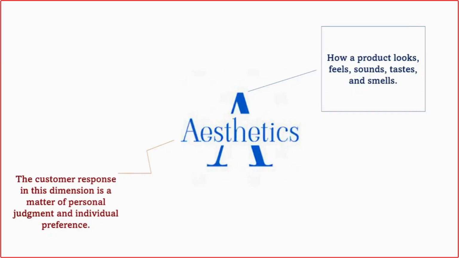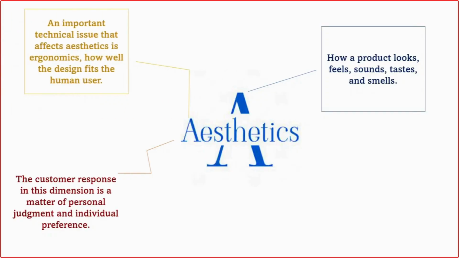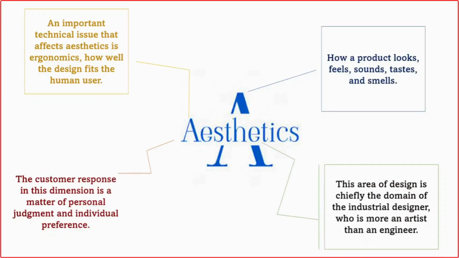and feel. Now come to the next point: an important technical issue that affects aesthetic is ergonomics, meaning how the particular product is designed to fit into your environment, right? That is the aesthetic. Now the last point related to aesthetic is that this area of design is chiefly or mainly the domain of the industrial designer.